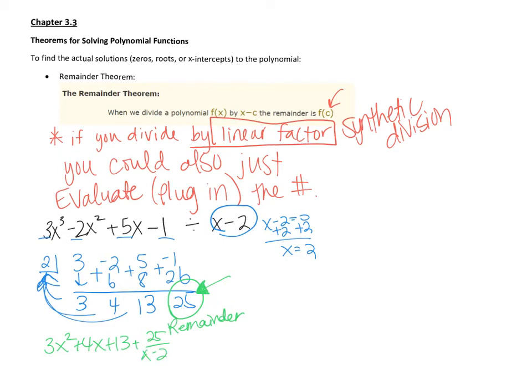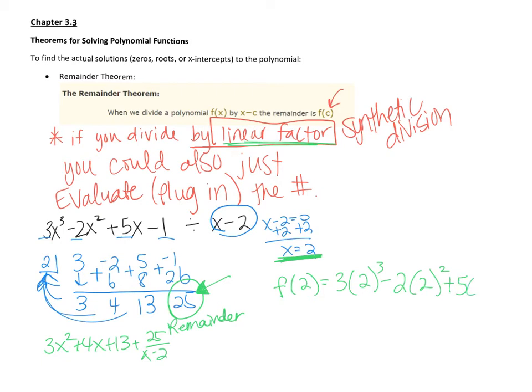But the remainder theorem says, you know what, I could just divide by that factor, and the last number is the remainder. What it also means is that instead of doing all of this division, I could just simply take that same number and evaluate or plug it in. So now instead of doing all of this synthetic division, I'm just going to plug in that value that we got here in the divisor into the equation.